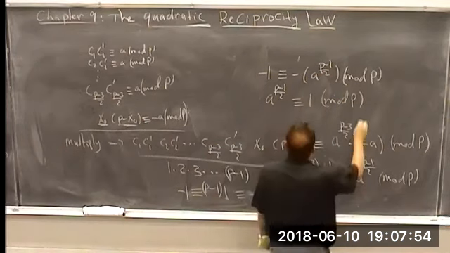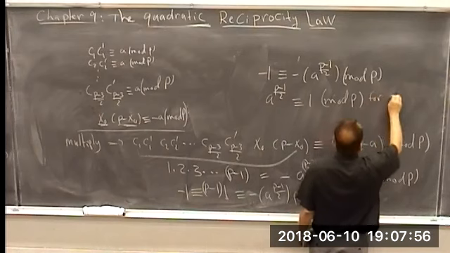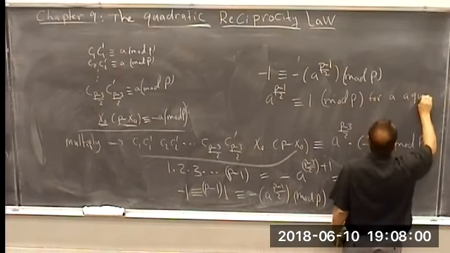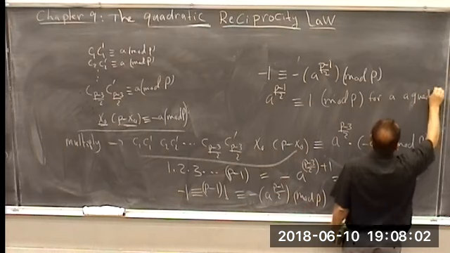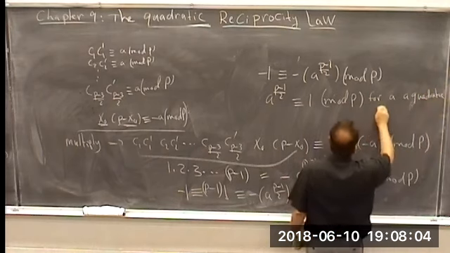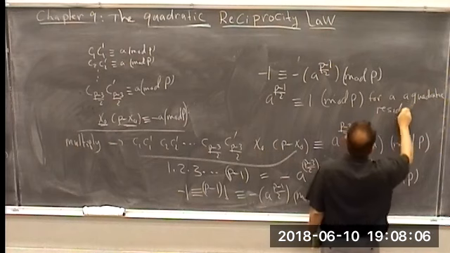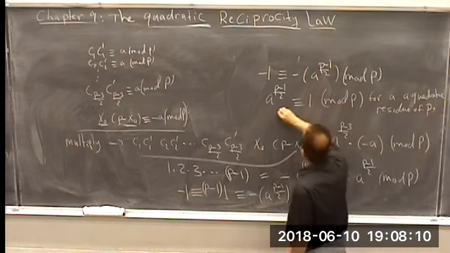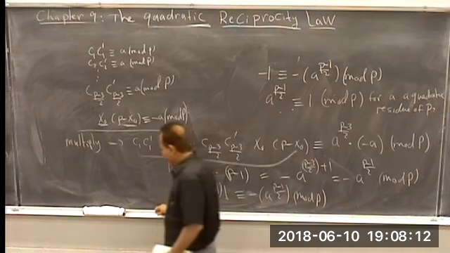This is for a quadratic residue of p. So when there is a quadratic residue, we get congruent to.